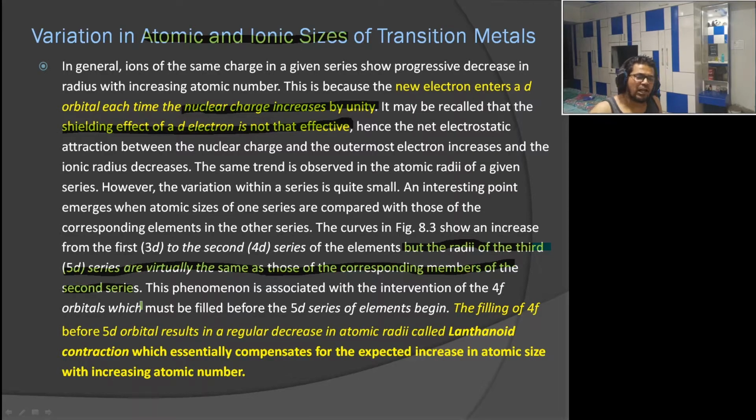So if the f shielding is the poorest, the valence electrons are pulled more towards the nucleus. So the sizes of the 4d and 5d elements, if you compare, theoretically there should have been an increase, but they don't have any increase. Their size remains the same. That's called lanthanoid contraction: electrons entering the f orbital in the lanthanides, due to the weakest shielding of the f electrons, contract the valence shell, and because of that, the 4d and 5d elements have almost the same atomic size.